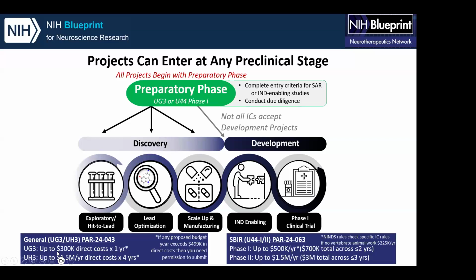But you're allowed up to 300K in direct costs on average for a typical UG3 phase, and up to 1.5 million in direct costs is theoretically possible in UH3. You would have to ask permission to exceed that 499.9 that I mentioned, at least 8 weeks in advance if you need to do that.